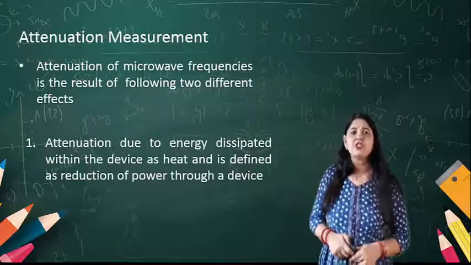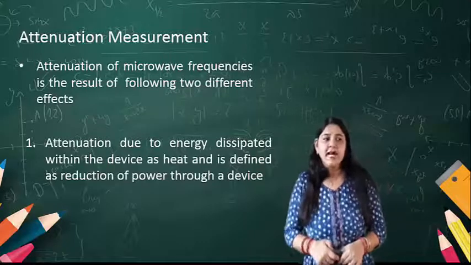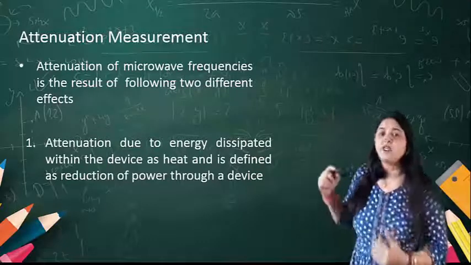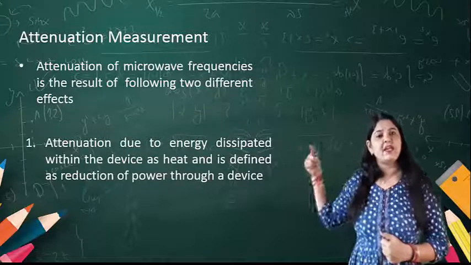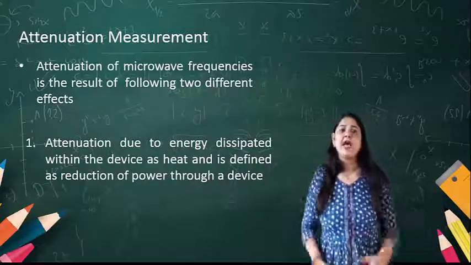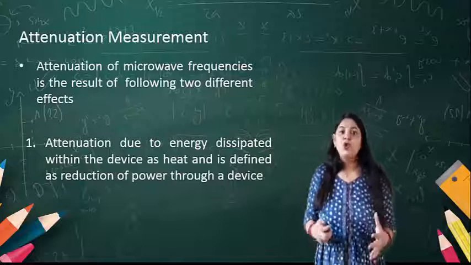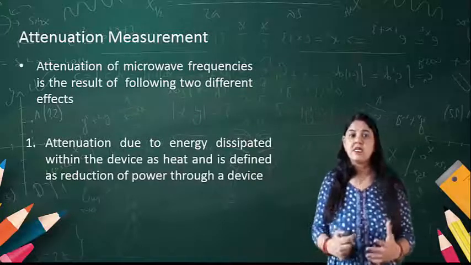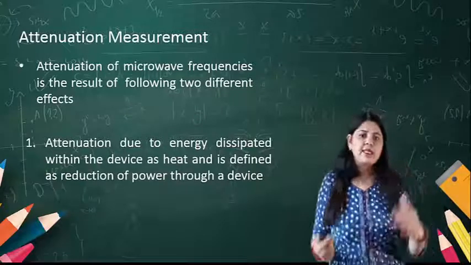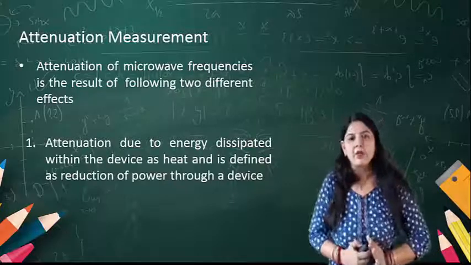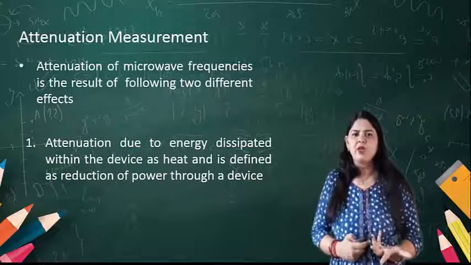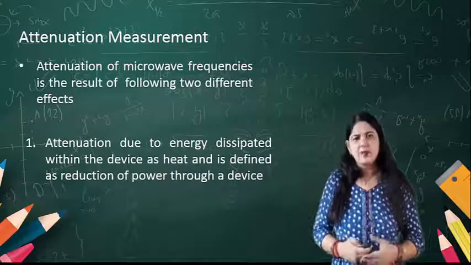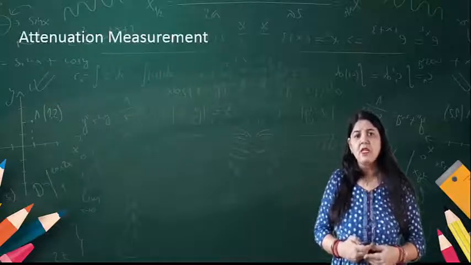Attenuation is the result of different effects. Which are those effects? First, the attenuation is due to the energy dissipated within the device as heat, and due to that there is a reduction of the power through the device. That is one way in which attenuation may appear in the signal.